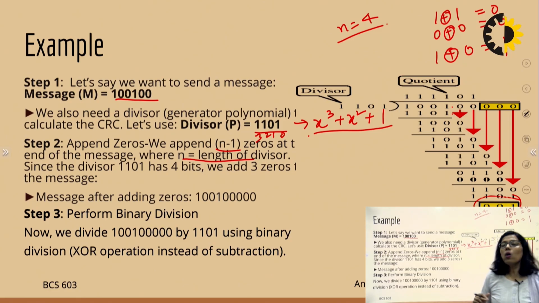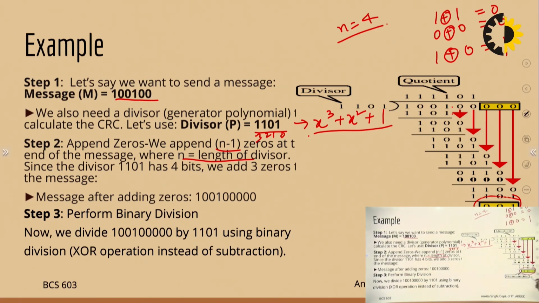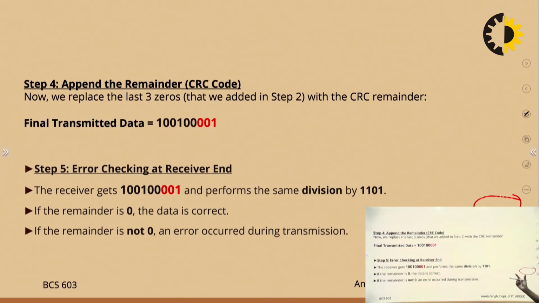After the XOR, at the end we get some value, and that remainder is my CRC code. So I will perform the XOR operation, and at the end, see, I got my remainder as 0 0 1. Now this is my redundant bit. I will be adding this redundant bit to my transmitted data.